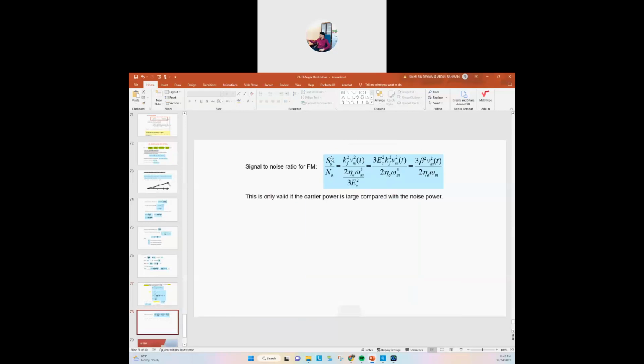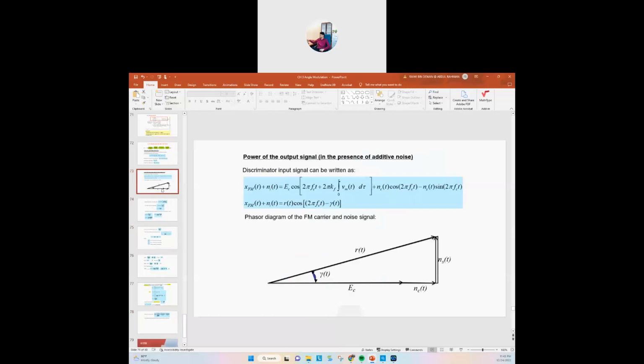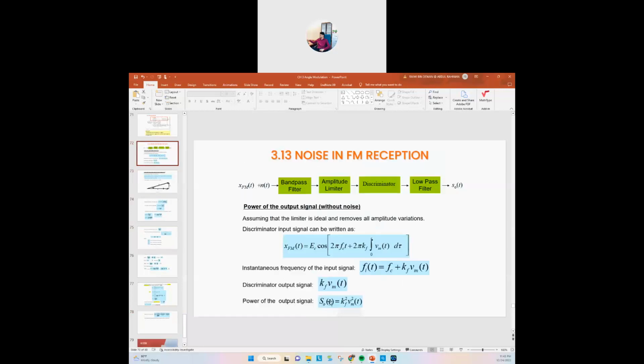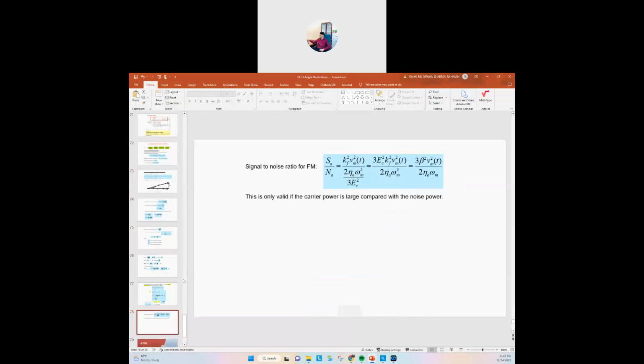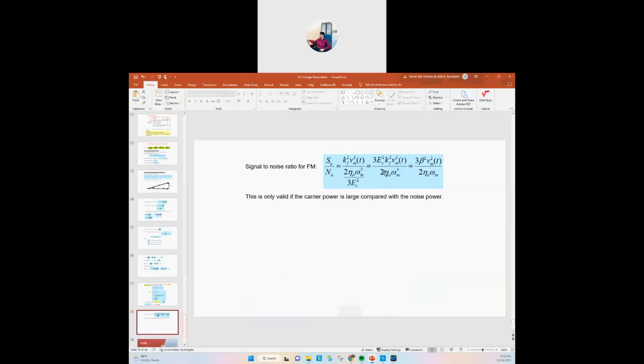The signal to noise ratio is basically S0 over N0 at the output. The signal is K_F V_m squared, which we already saw just now. So with the output signal S0 over the noise that we have here, as a ratio, you will get this.